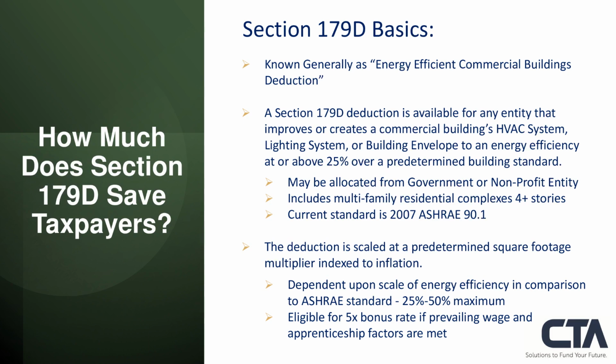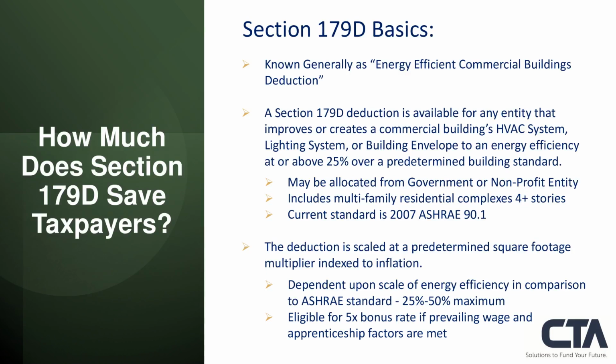There are multiple types of people that can qualify for this deduction, and it can actually be awarded from a government or nonprofit entity. This can include things like K through 12 schools, higher education, really any non-tax-paying entity. You can go all the way down the list of different types of entities that can take advantage of 179D.